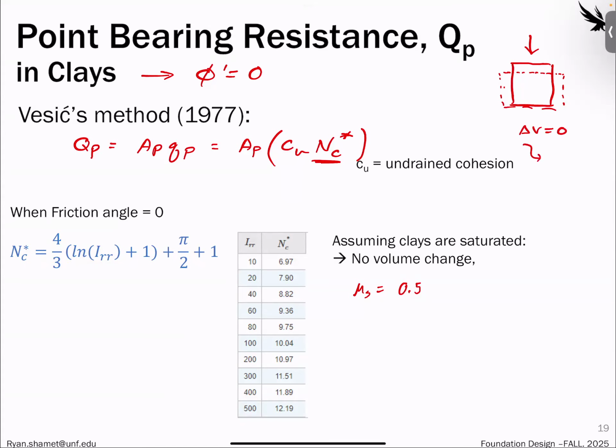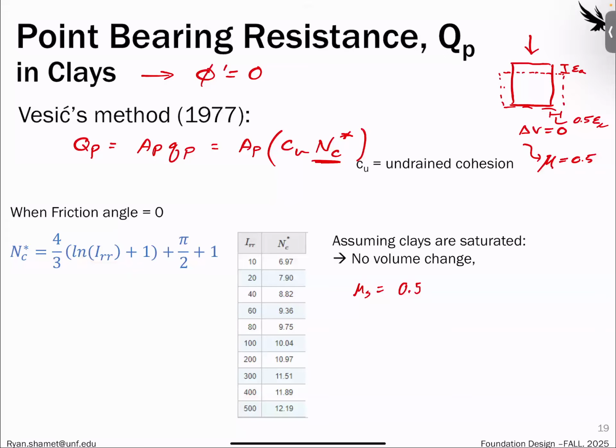And if we have that case, then the Poisson's ratio is equal to 0.5, which is the max, because whatever is happening here, this axial strain, half of it is occurring here, 0.5 of the lateral strain. So that's where that's coming from again.